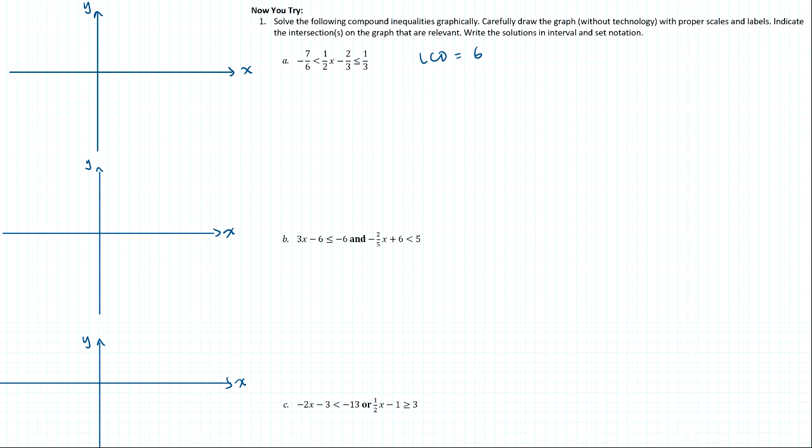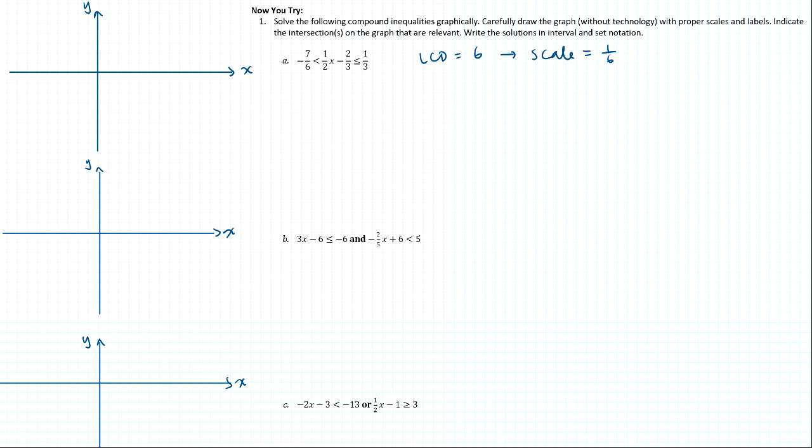With 6 being the denominator, we can go by 1/6 every time we go up or down the units for the y value especially, because we can see the y value is bounded by negative 7/6 and by 1/3. They can all be scaled as multiples of 1/6. So we can make our scale equal to 1/6, at least for the y coordinate.